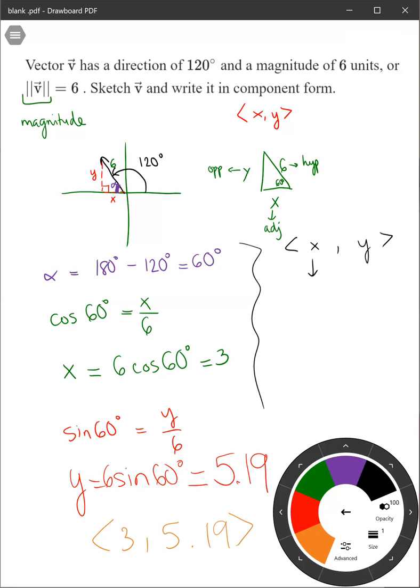Anyone know? Think about the problem we did for the x value. What did we use to find the x value? Cosine, okay. Cosine with what?